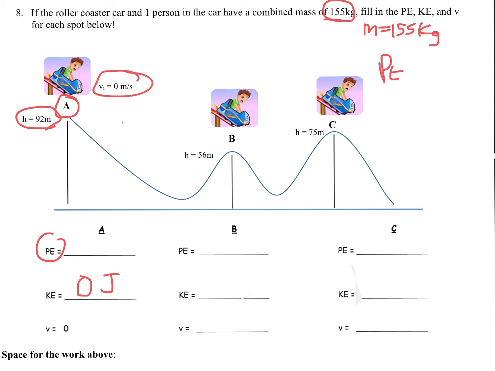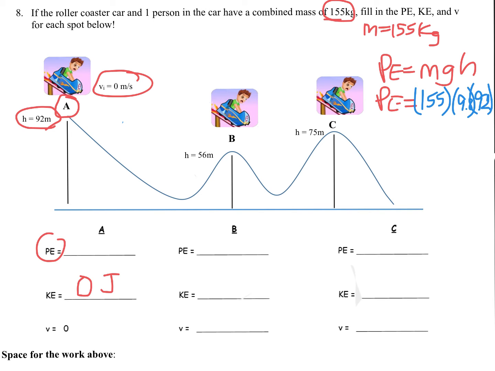We know that potential energy is mass times gravity times height. So if we're going to solve for that potential energy, we know that the mass of the object, according to our problem, is 155 kilograms. We know gravity is 9.8 always. And we know that the height of this roller coaster is 92.